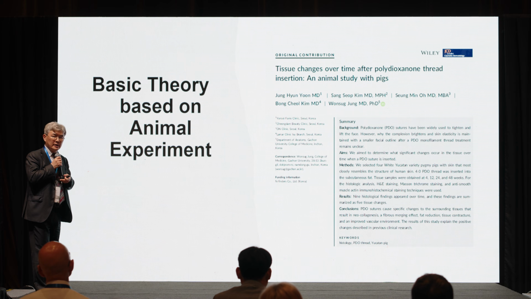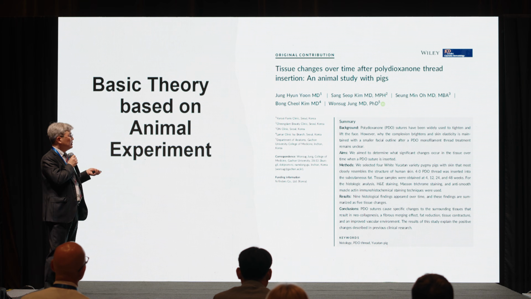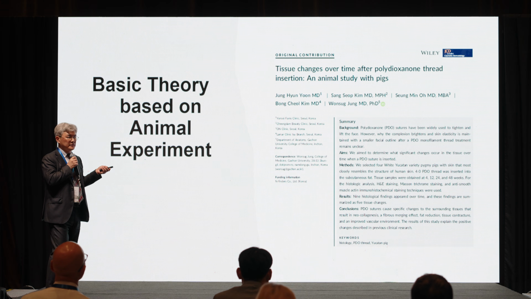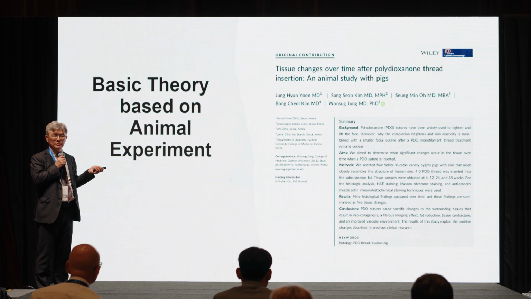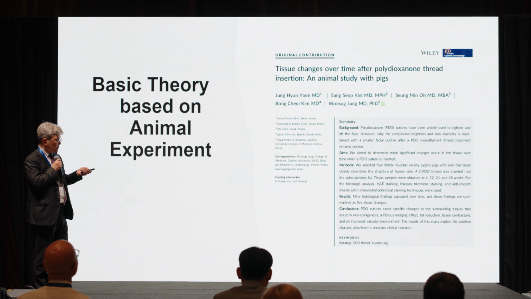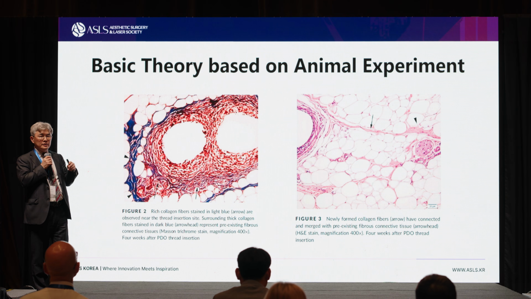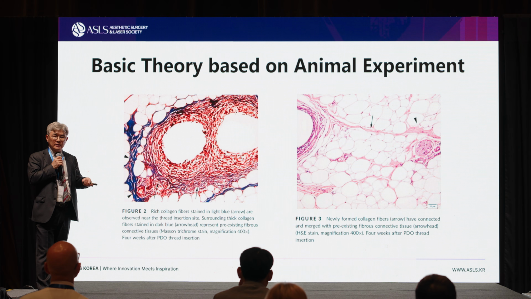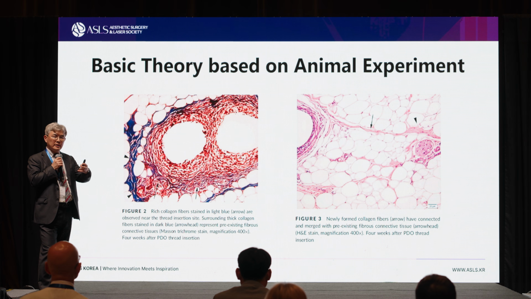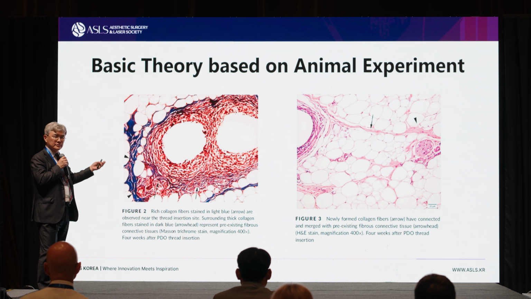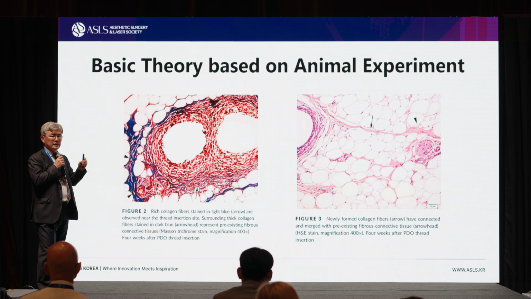This journal, I wrote about 16 years ago. And this result is very important because when we injected the thread, we didn't know how the thread plays a role in the tissues. But after this journal, we can confirm the results.